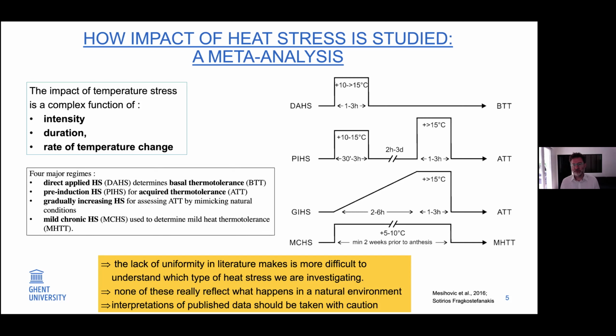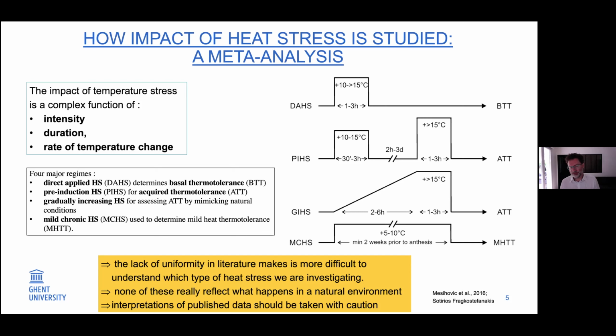We know, for example, that plants are typically highly sensitive when temperature rises above 10 degrees of the normal regular temperature at which they grow. For example, a directly applied heat stress of 10 to 15 degrees for a very short time will determine a response in the plant, reporting what its basal thermotolerance is.